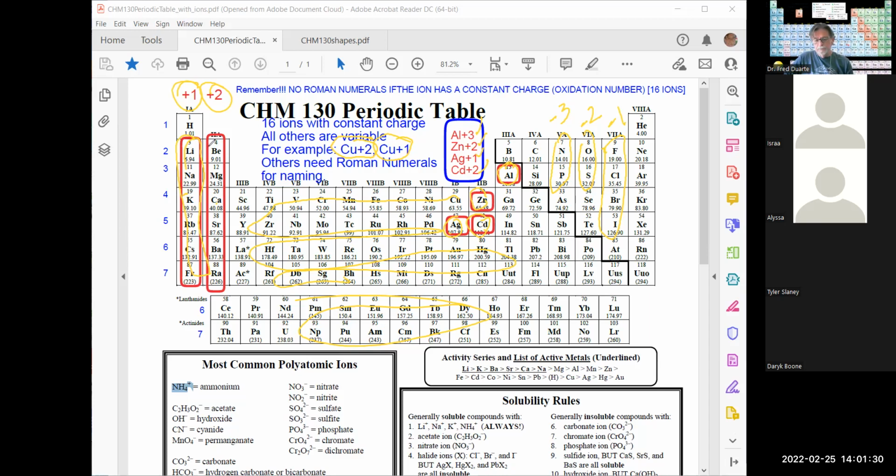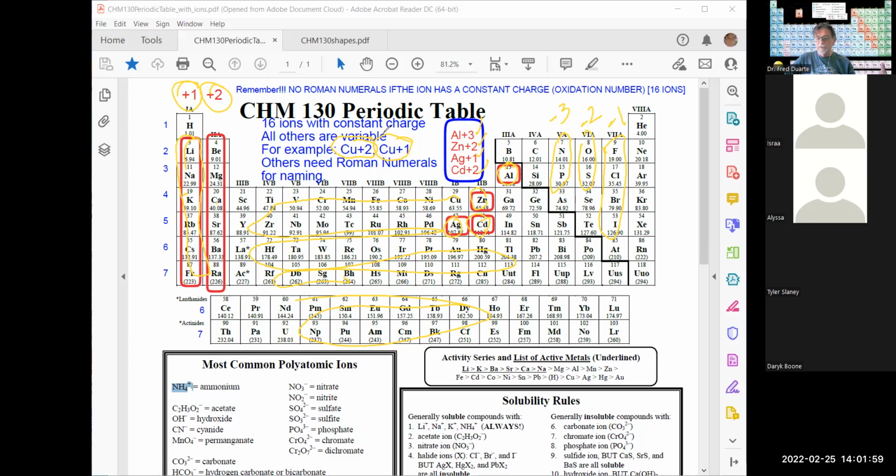Because for example, if I have sodium and chloride together, it's simply sodium chloride. But if I use copper and chloride together, I have to be specific because copper can exist as either copper 2 or as copper 1 as shown there, okay? And so I have to use Roman numerals in parentheses to distinguish between the 2 coppers.